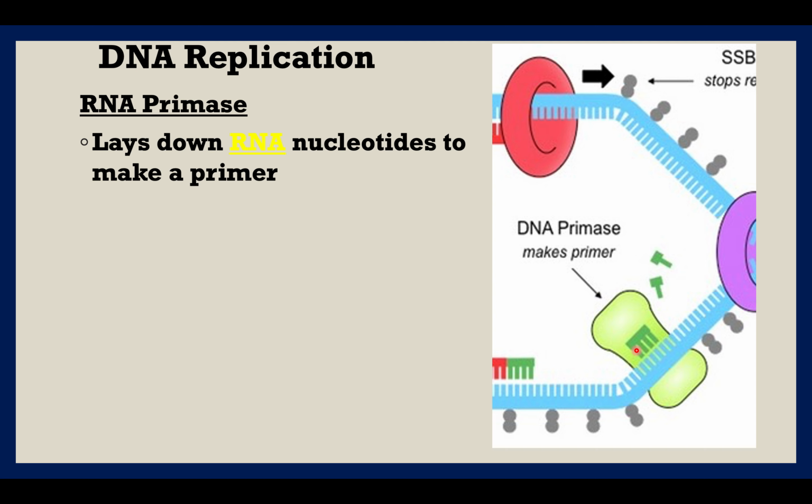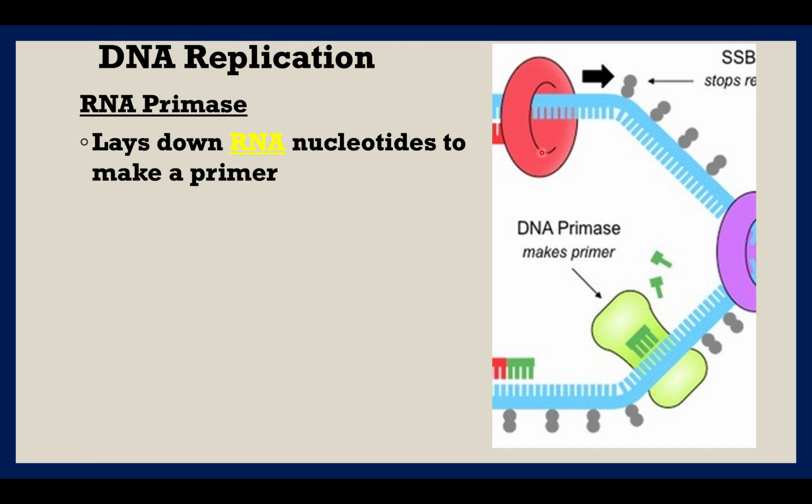This is because DNA polymerase, which you can see up here, is only able to begin synthesizing DNA if it can get a hold of an empty 3' end. We're going back to the 3' and 5' ends, okay?